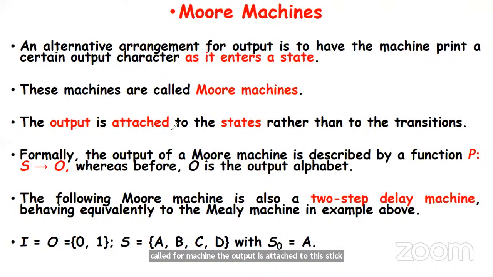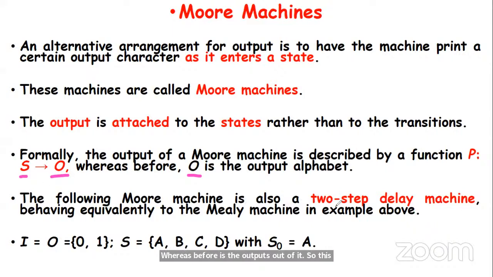The output is attached to the states rather than the transition. Formally, the output of a Moore machine is described by a function, which states that if you are in a particular state, print the output. Here, the big O is the output alphabet.